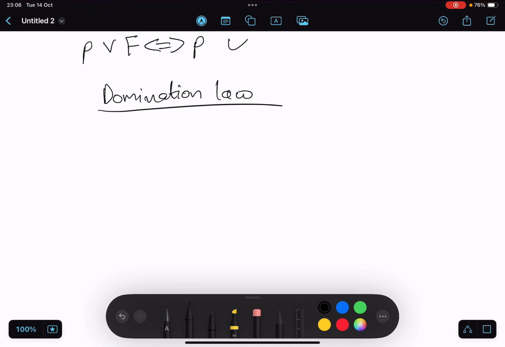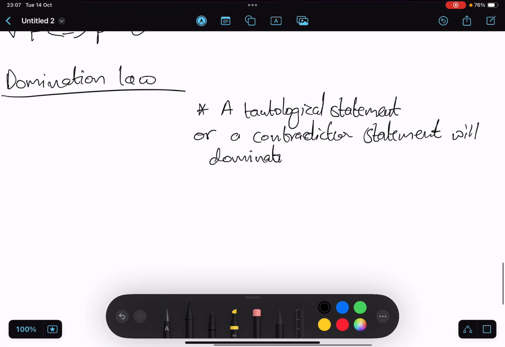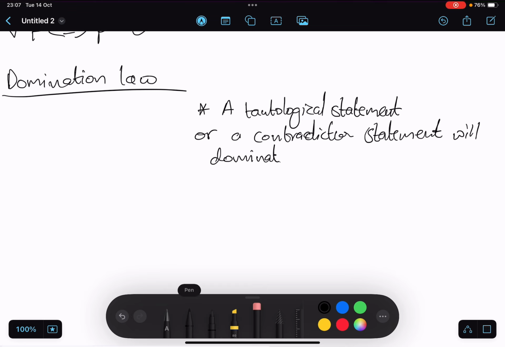The domination law states that a tautological statement or a contradiction statement will dominate when evaluated with a proposition.